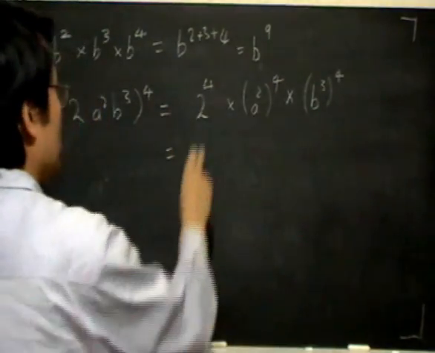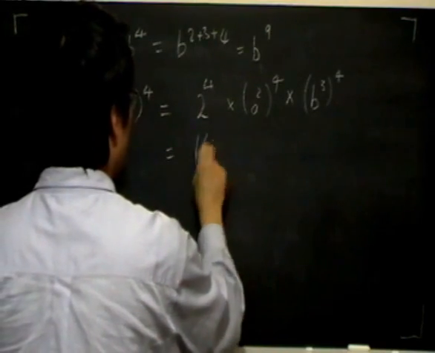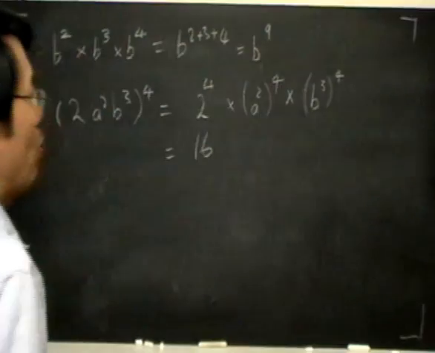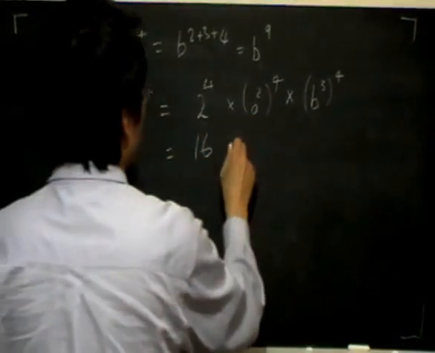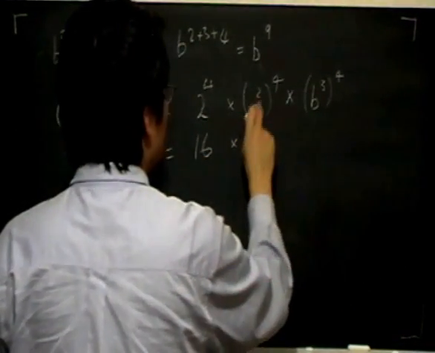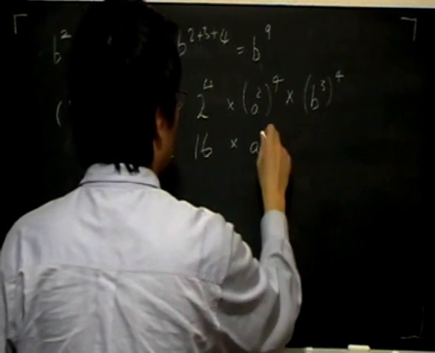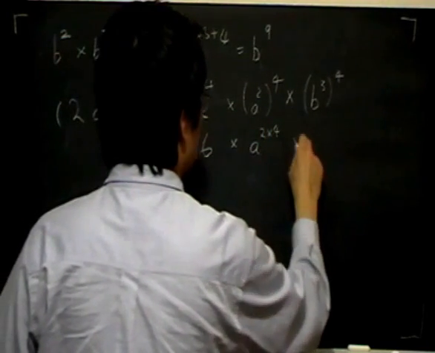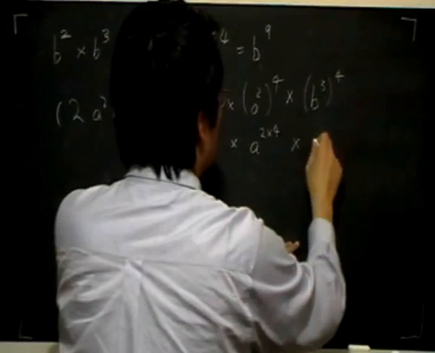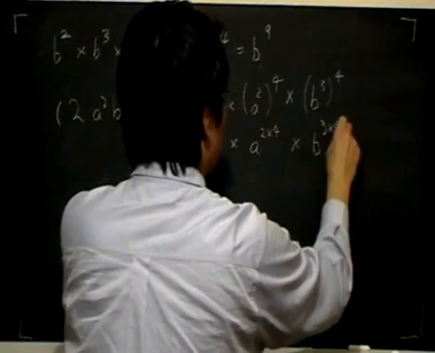And then we simplify. So 2 to the power of 4 is 16, times a squared to the power of 4, we need to multiply the powers, 2 times 4. And b cubed to the power of 4, we multiply the powers, 3 times 4.